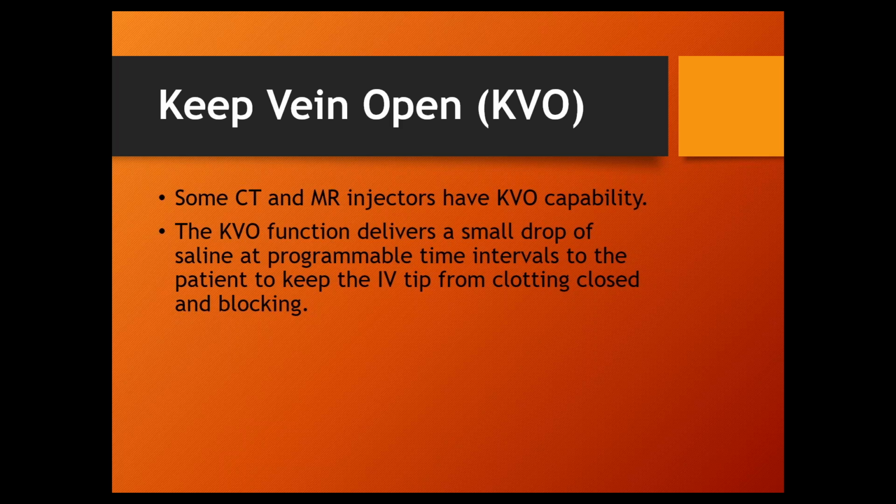What the contrast injector does is every 15 or 30 or 45 seconds or whatever, it'll just do a little 0.1 milliliter injection, just a tiny little drop, shoot it out just to keep the tip of the IV needle clean. One injector model, the only one I know of, will do a constant trickle of contrast, just like 0.25 milliliters per second, a constant trickle of contrast out the IV needle just to keep it open.